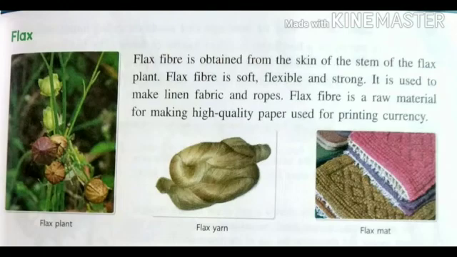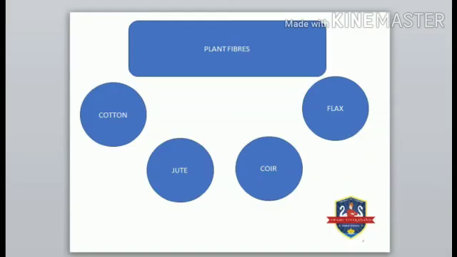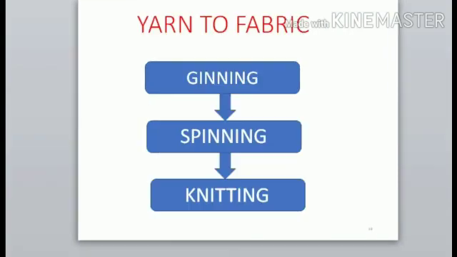So students, here we have completed the 4 types of plant fibers: cotton fibers, jute fibers, coir fibers, and flax. Now the next topic in our book is the conversion of yarn to fabric. Have you ever wondered how the fibers which we get from plants get converted into yarn, and then into the fabrics which we wear?